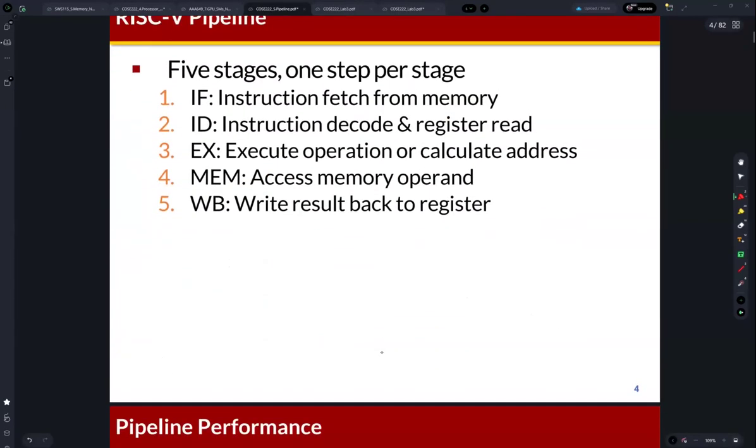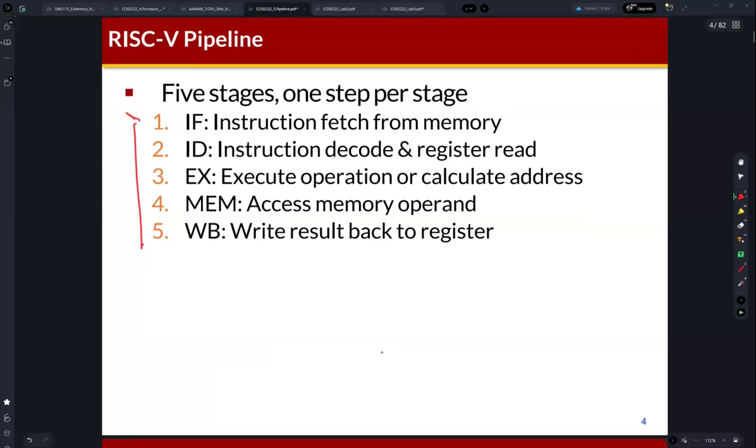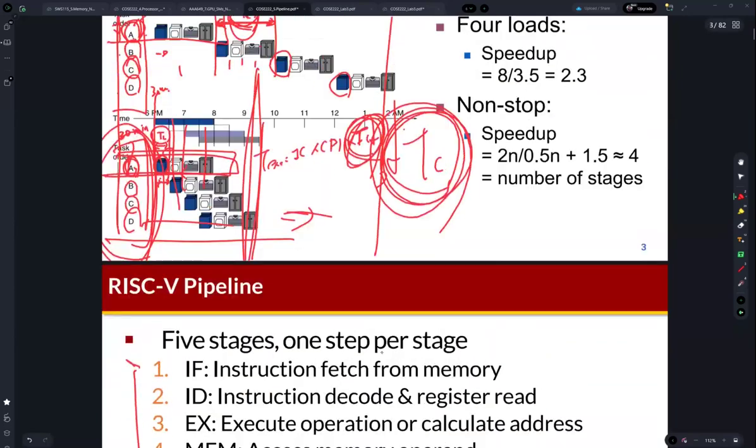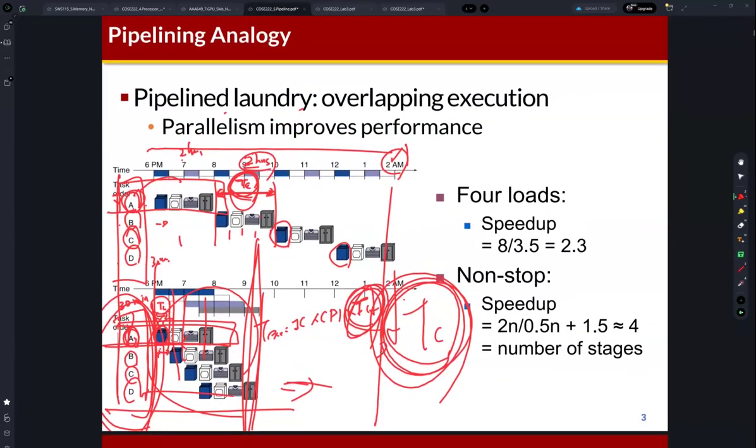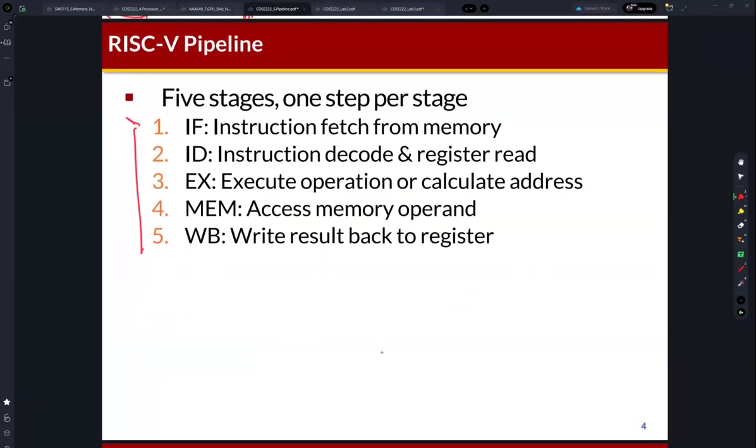Okay, so RISC-V. As I mentioned, there are 5 steps, 5 stages. So we can apply a pipeline stage to each single step. Like in this analogy, the single task is composed of 4 steps, but in a RISC-V processor design there are 5 steps.